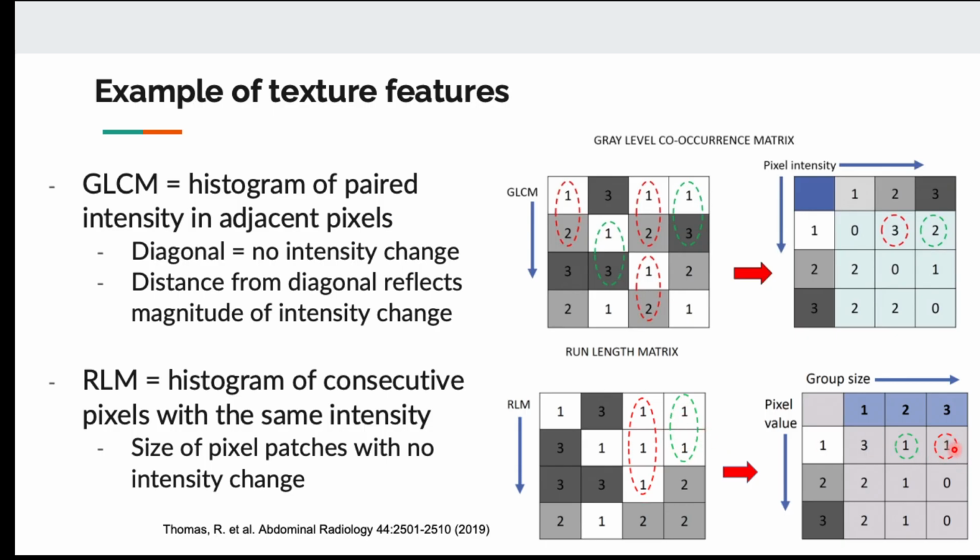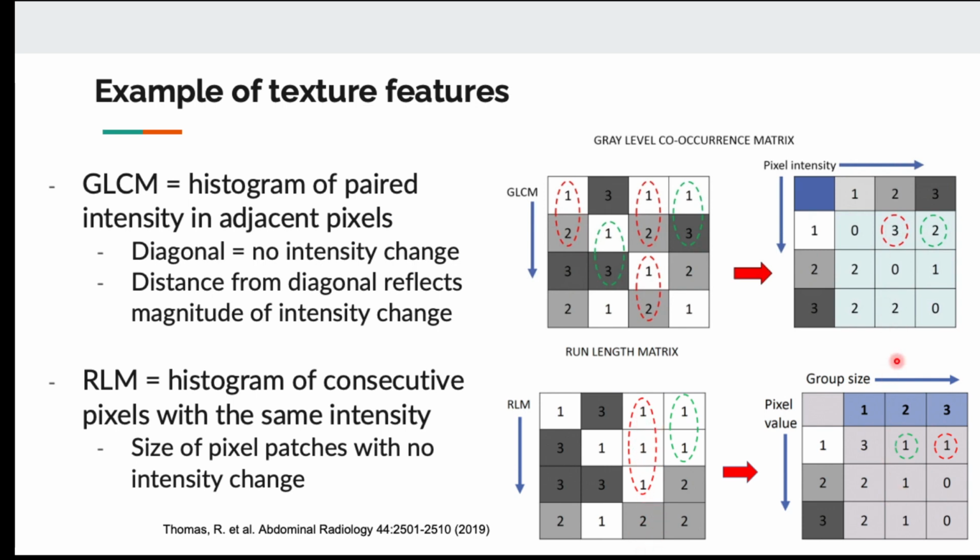And there is one place where we have pixel with the same intensity, 1, 1, 1 together. So in this case, this metric tells us that if we have more and more off diagonal numbers in the histogram, this means that you have many pixels with the same intensity in your image next to each other.